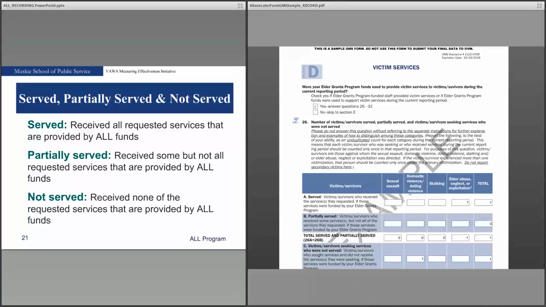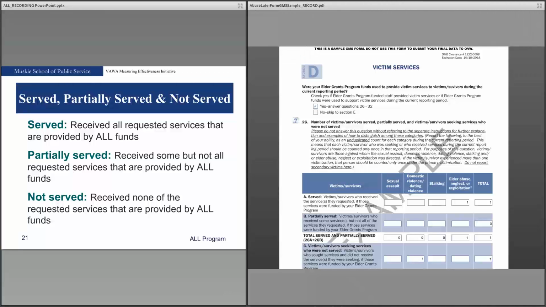You would count a victim as partially served if they requested grant-funded services, but because of programmatic issues such as those listed in question 27, which we will get to, but is called reasons not served, your program could not provide all the services requested. Count a victim not served if your program could not provide any of the grant-funded services that the victim requested due to programmatic issues such as those listed in question 27.